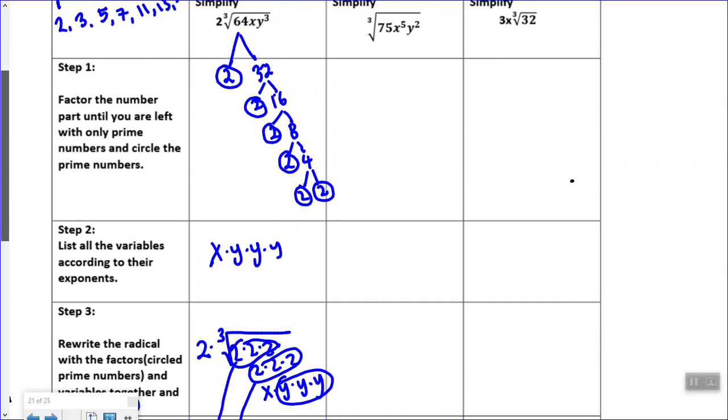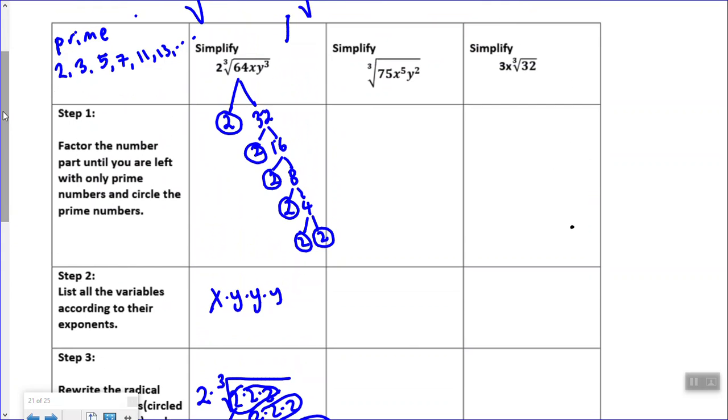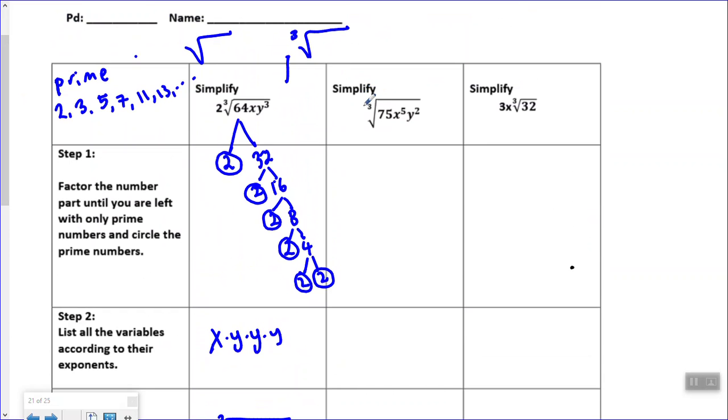Okay, and next question. Simplify the cube root of 75 x to the 5th power y to the 2nd power. First you have to factor 75.